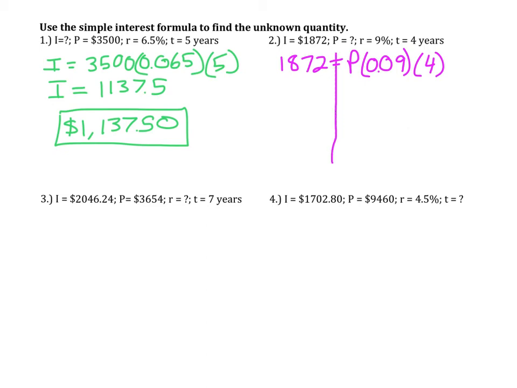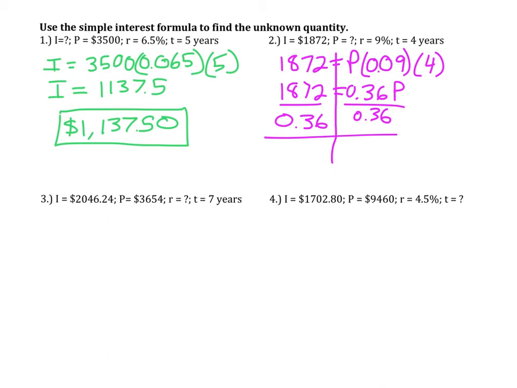Now, in this case, we are going to have to do a little bit of solving for P. So we can simplify this over here on the right, 0.09 times 4, that's going to give us 0.36 times P. And we can solve this by just dividing by 0.36. Divide both sides by 0.36.